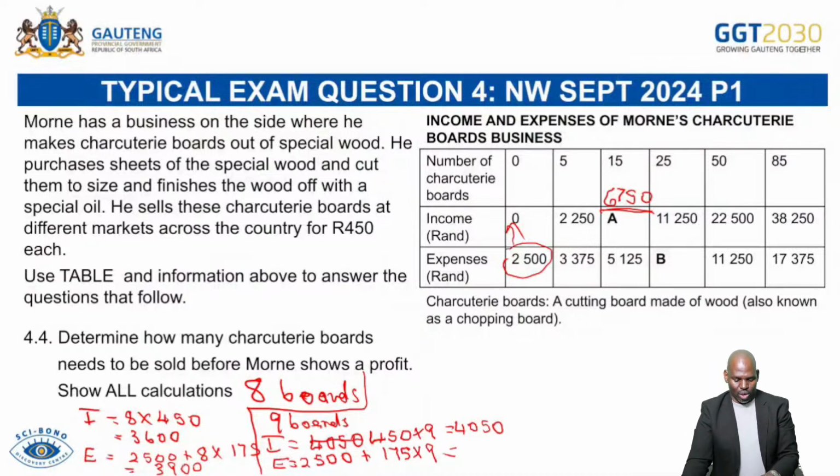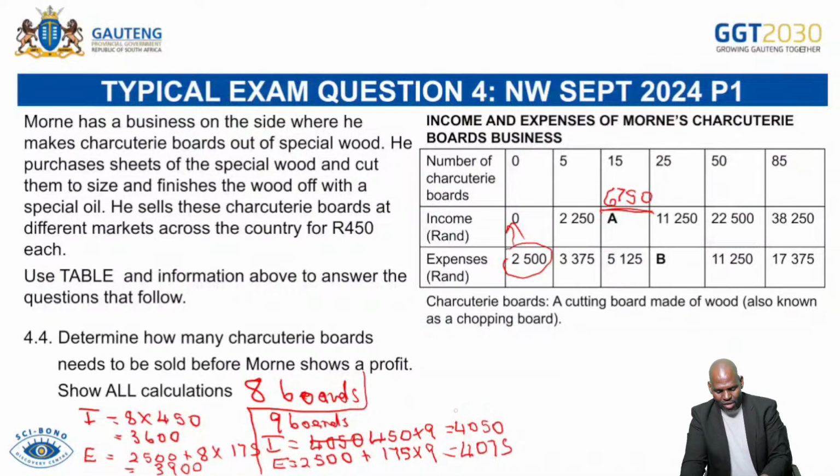If you use your calculator, 175 multiplied by 9, and then I add 2,500, I'm getting 4,075. So 4,075, still no break even.